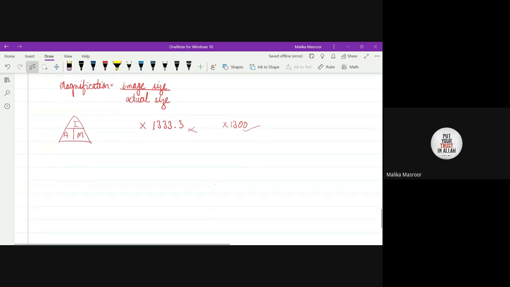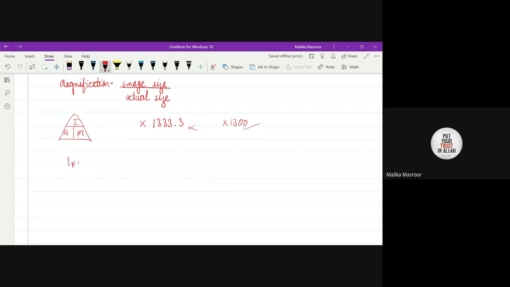Always make sure to keep the units the same. These two conversions are very important. Please learn these. 1 micrometer is equal to 10 to the power negative 6 meters, and 1 meter is 10 to the power 6 micrometers. You can convert it to centimeters as well. Just remember any one, and the rest you can do on your own. Is this clear? Any questions?